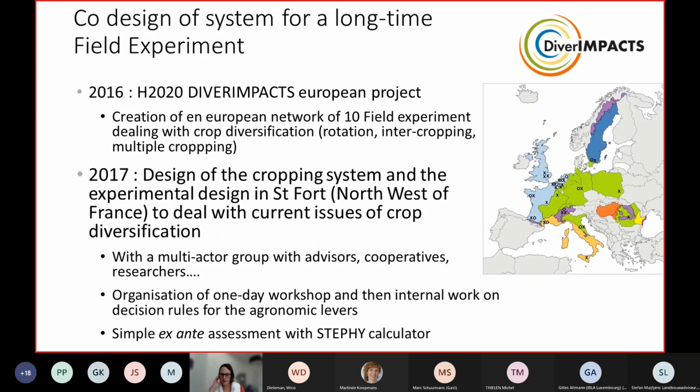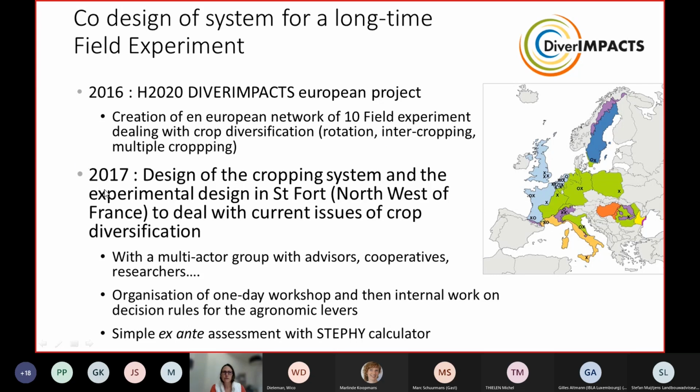After this example, I will present some results from one long-term experiment that we led in a European project, DiverIMPACTS, within a network of 10 field experiments, where we also used this co-innovation workshop methodology to build the system that we are testing. This project deals with crop rotation, intercropping and multiple cropping.